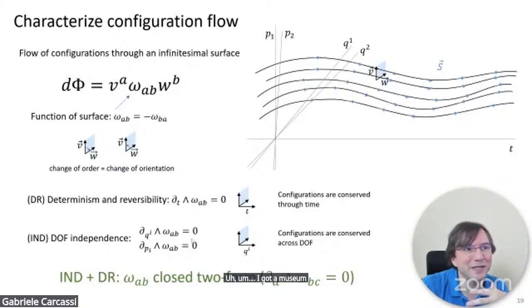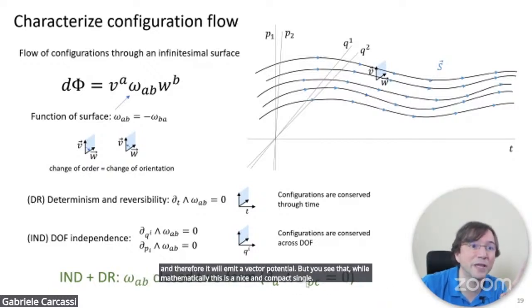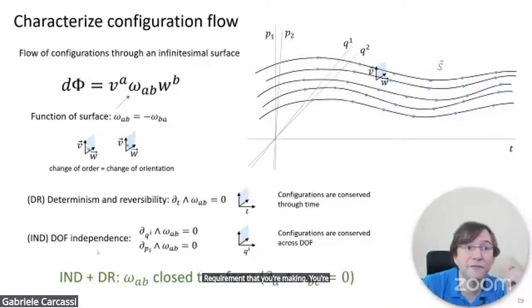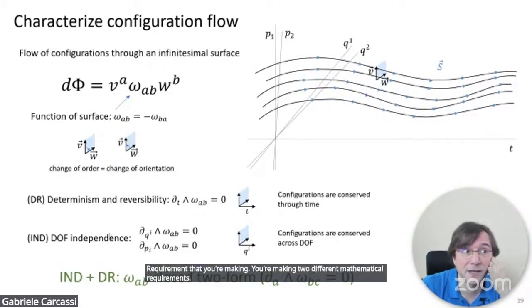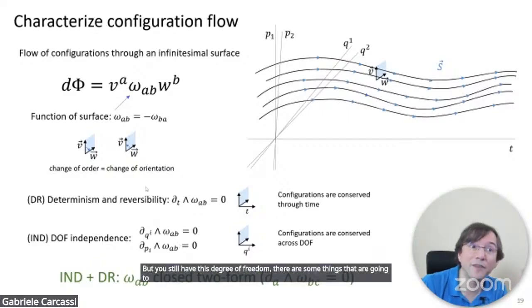What is interesting to me mathematically is that if we have both these conditions, we have this idea that the form is closed and therefore it will admit a vector potential. But you see that mathematically this is a nice and compact single requirement, while in terms of the physics you're making 2 different requirements. So if you fail, for example, to be deterministic, but you still have this independence of degrees of freedom, there are some things that are going to survive while the other one does not.